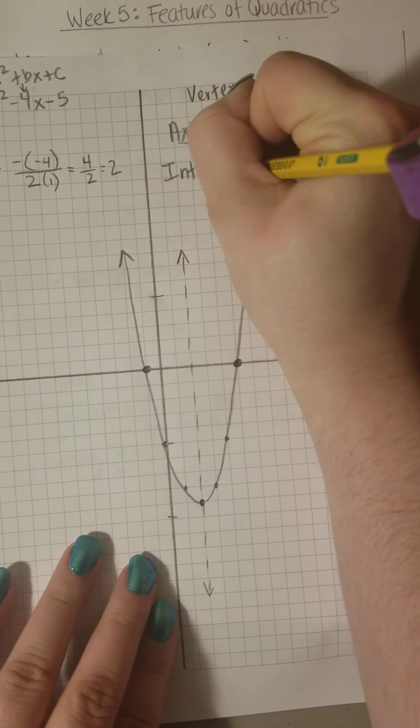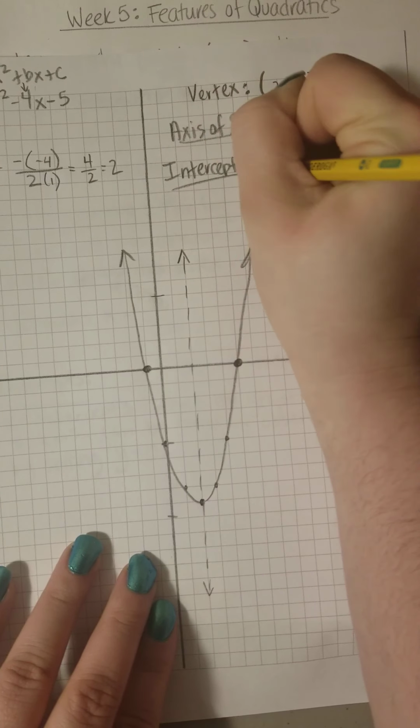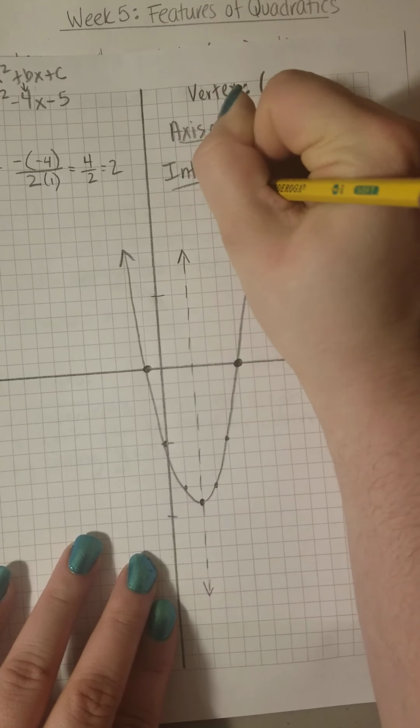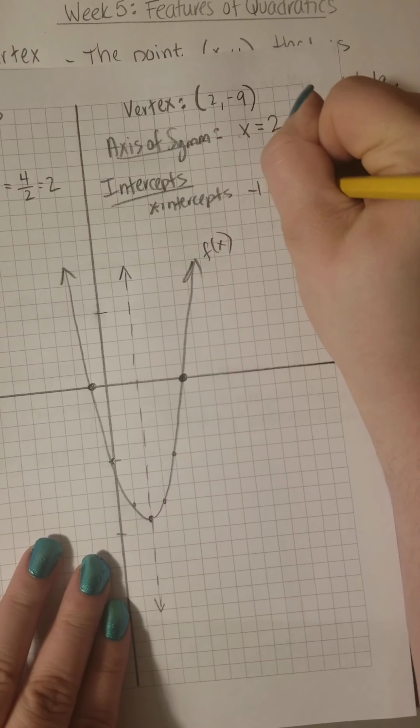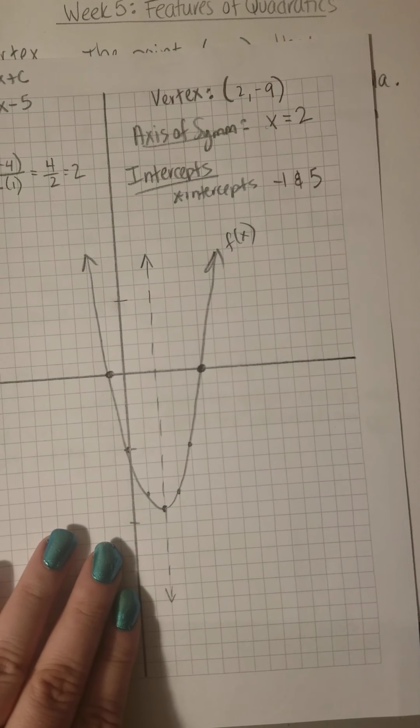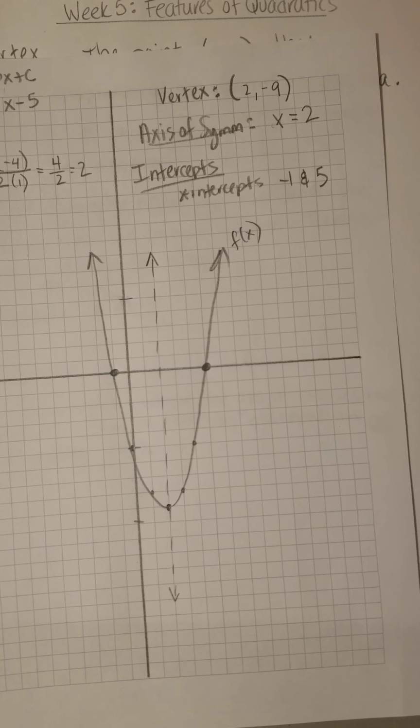So for intercepts, I'd have x-intercepts at -1 and 5. But it's not always that easy to tell where they are. Sometimes you'll have to do it by putting 0 in for y.